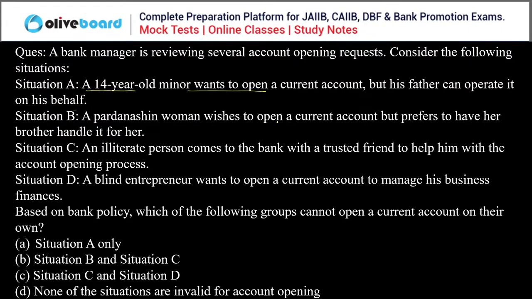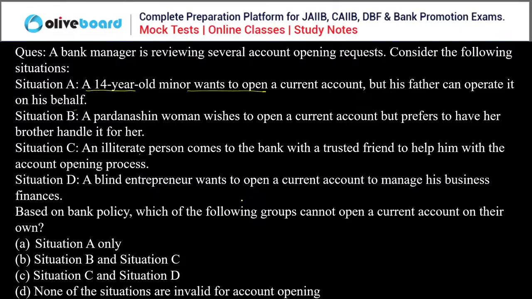A Pardanasheen woman wishes to open a current account but prefers to have her brother handle it for her. An illiterate person comes to the bank with a trusted friend to help him with the account opening process. A blind entrepreneur wants to open a current account to manage his business financing. Based on the bank policy, which of the following group cannot open the current account?